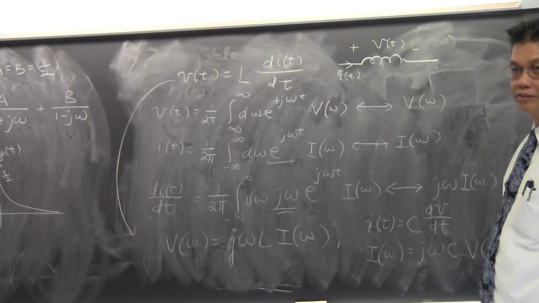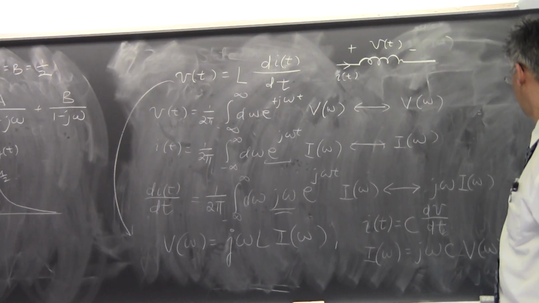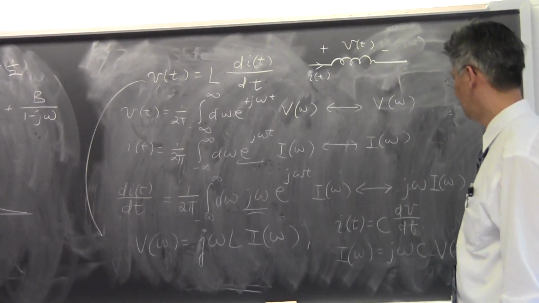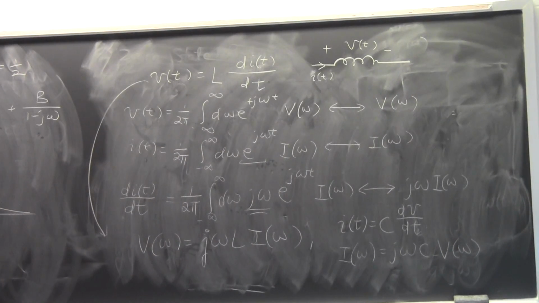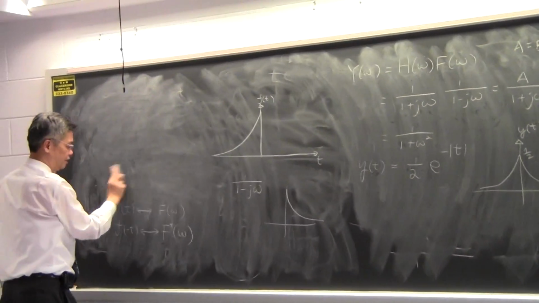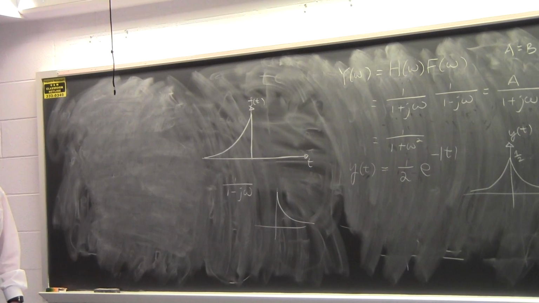Agree? Just like what we have seen in phasors before. So the IV relationships for capacitors and inductors that you have seen simplified when you apply phasor techniques also get simplified when you apply Fourier transform techniques.